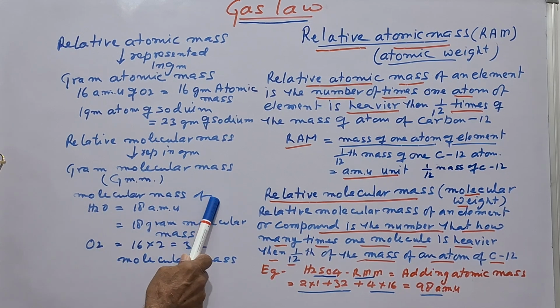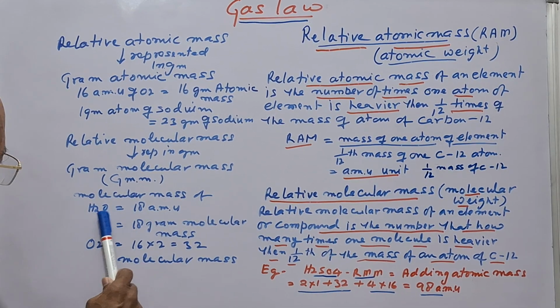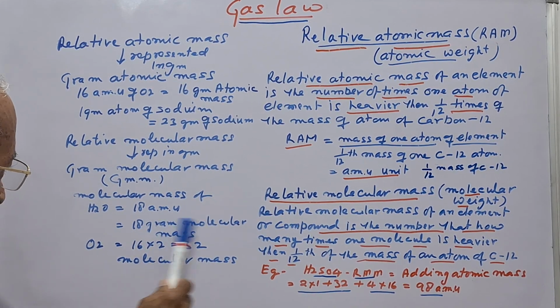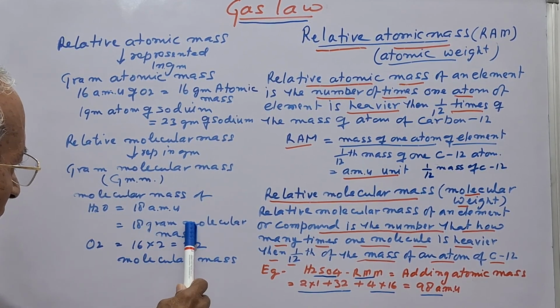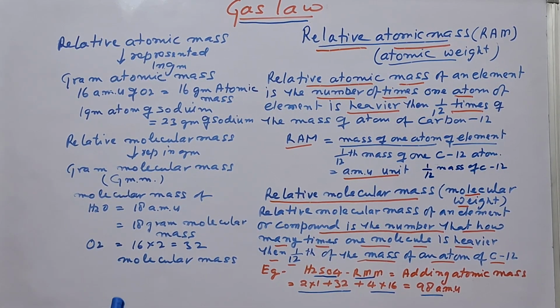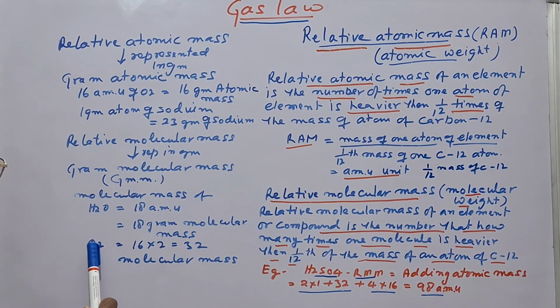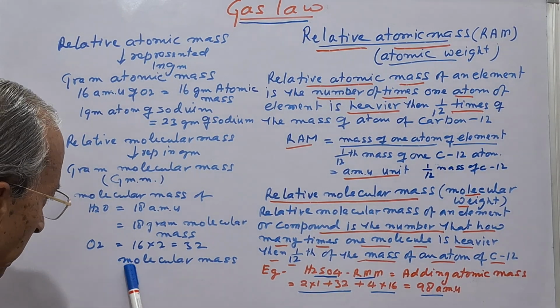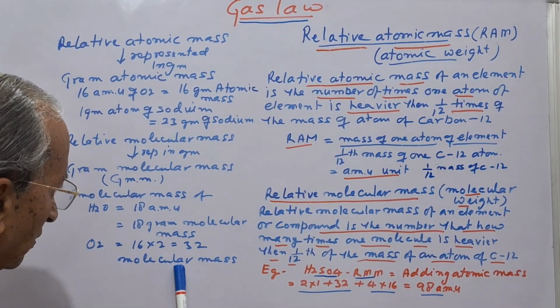So the molecular mass of water H2O is 18 AMU, and if we represent it in grams, it becomes 18 gram molecular mass. In the same way, for the oxygen molecule O2, atomic mass is 16, so 16 into 2 is 32, this is the molecular mass or the gram molecular mass of oxygen.